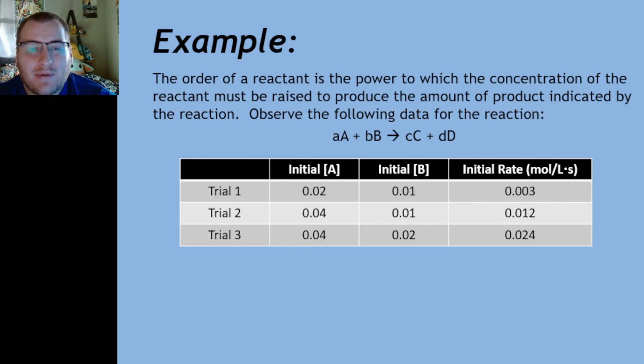I need to know how A affects the rate and how B affects the rate. Notice I don't care about C or D because they're products, so they don't really affect anything. But A and B will be different. And we've strategically tested it and compared the rate of the reaction based on our starting conditions. Okay?